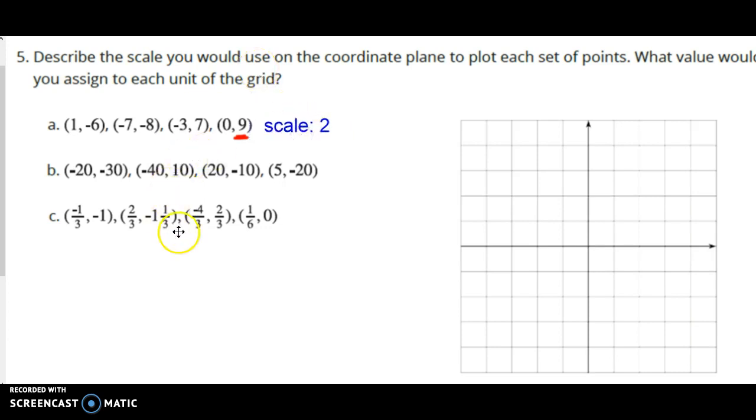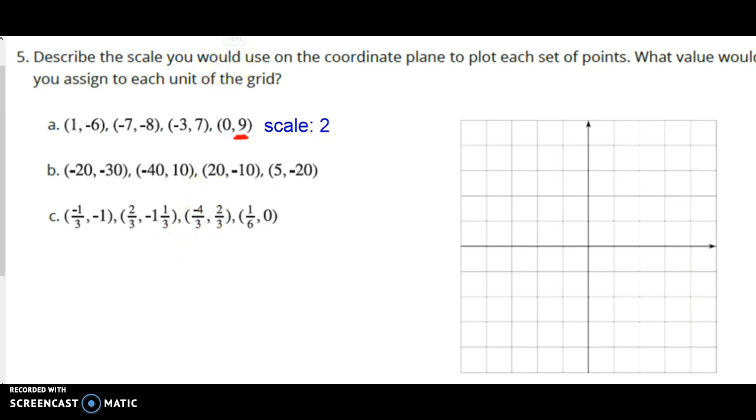Okay, I'm going to jump down and do C, and I'm going to let you do B on your own. C is a little bit tricky because it is fractions. So I'm looking for my biggest fraction, which is actually going to be, there's two that are the same. -1 1/3 is the same as -4/3.